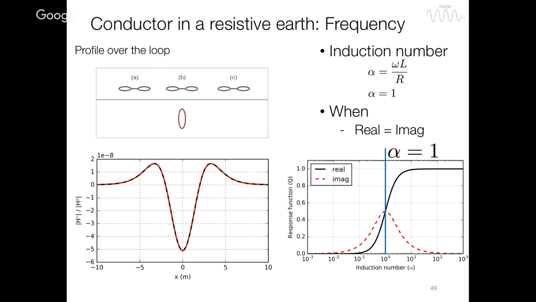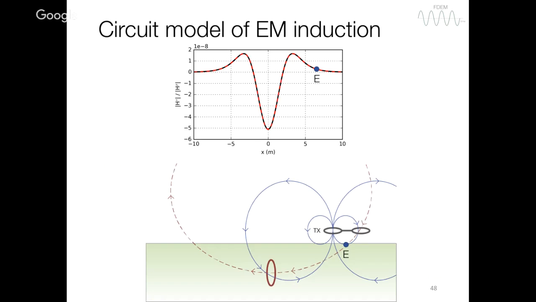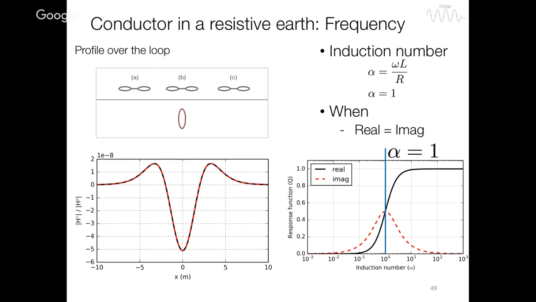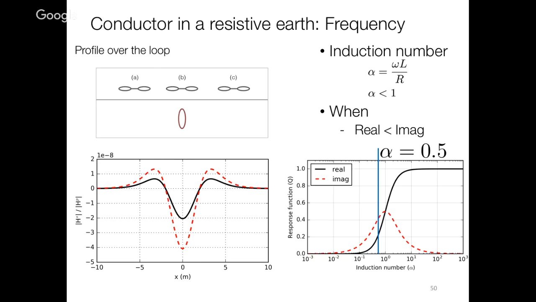The last thing just to say is that here's your response curve. What we showed back here is geometry. All of that's just geometry. When you actually go out into the field, you might be in a position something like this, where the curves will always look the same, that's the geometry, but let's say the red part here is a higher amplitude than the black, and that's where your response function comes back into play, because at a particular induction number, you see the red is larger than the black.